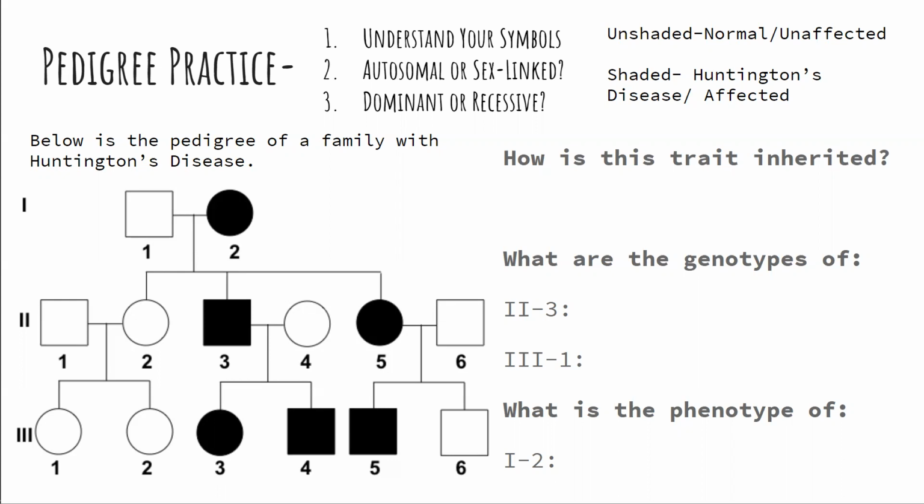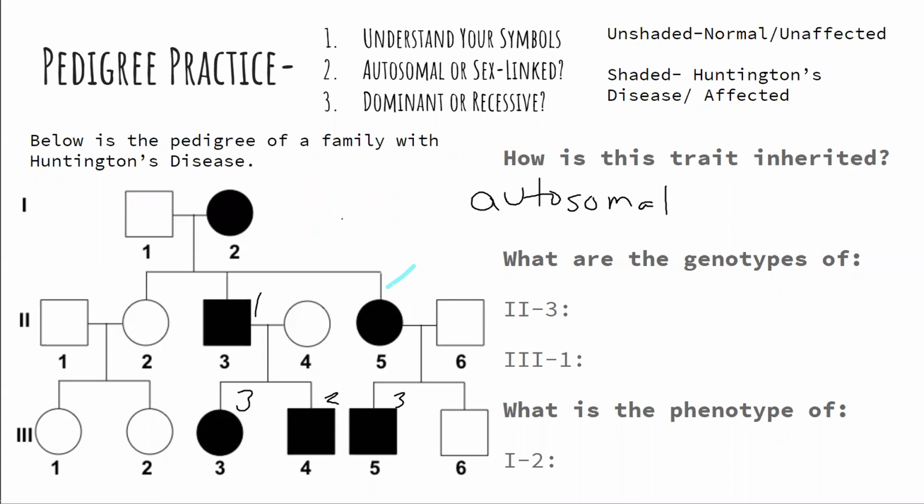How many males are affected? 1, 2, 3. How many females are affected? 1, 2, 3. So it's 3 males to 3 females. They're equally affected, which means that this is an autosomal trait.